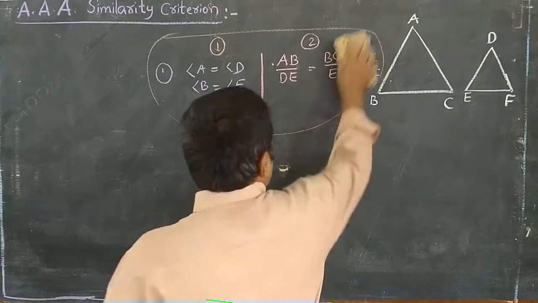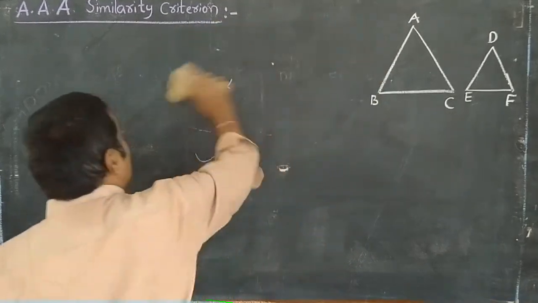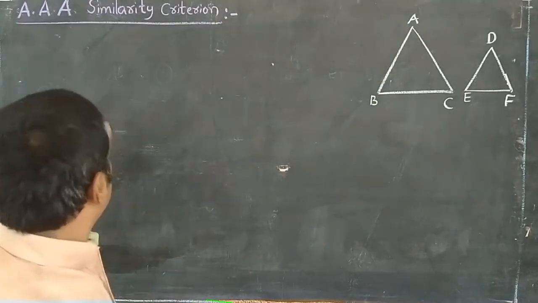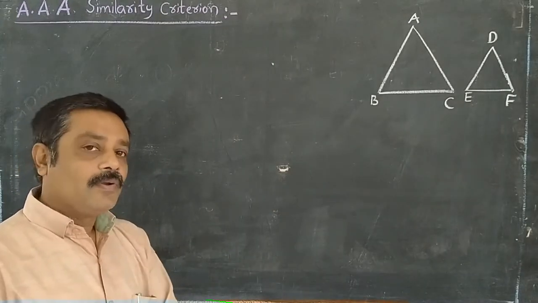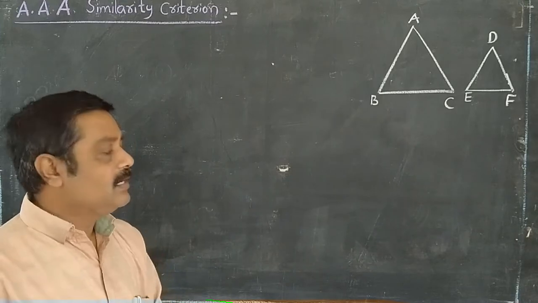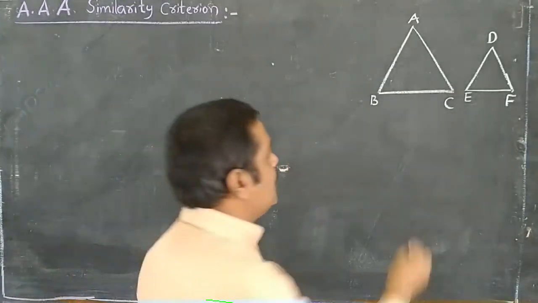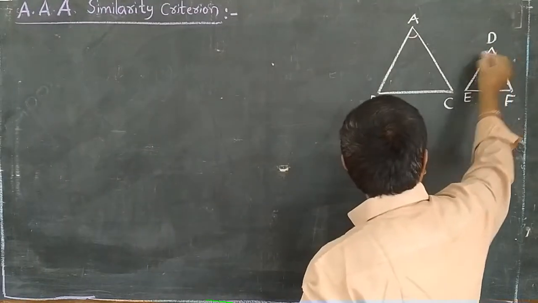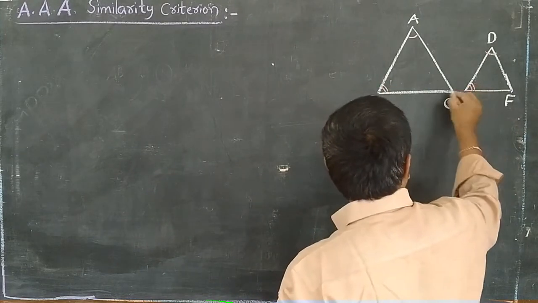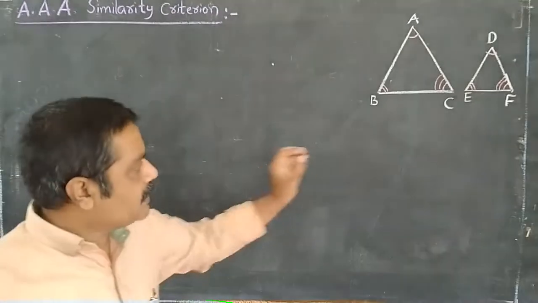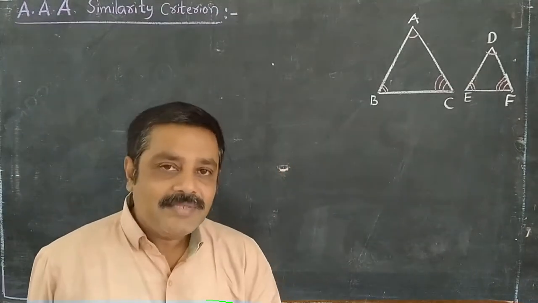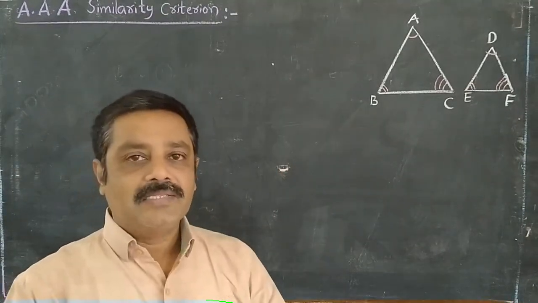But in our similar triangles topic, the AA similarity criterion says if their corresponding angles are equal, that means A is equal to D, B is equal to E, C is equal to F, only corresponding angles are equal, then the two triangles are similar.